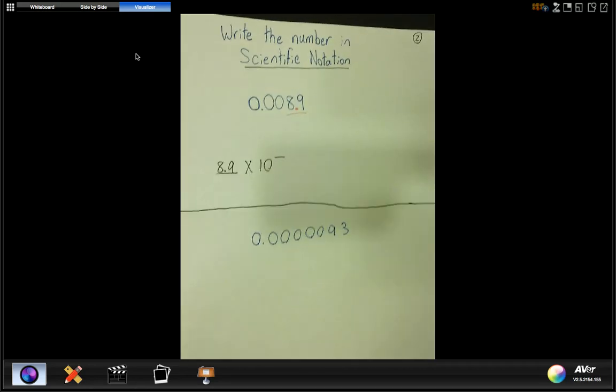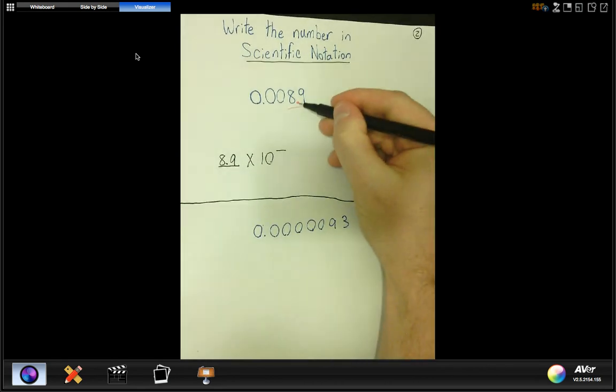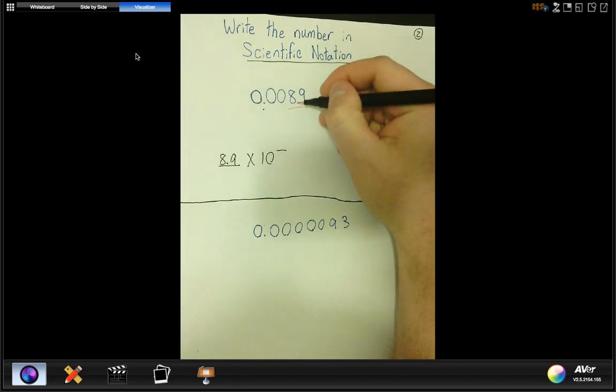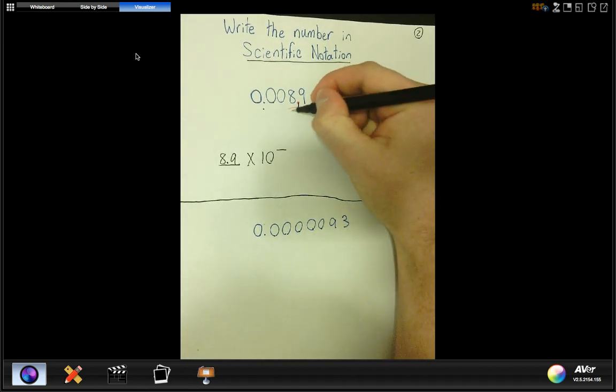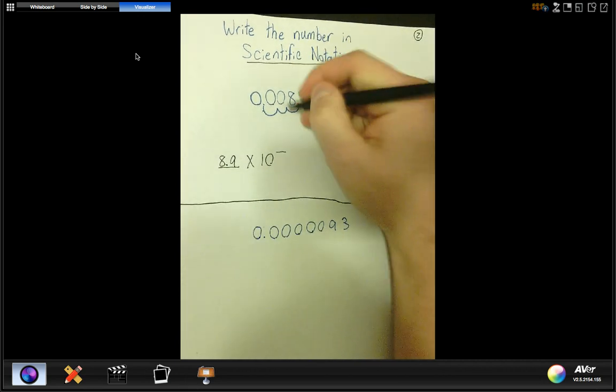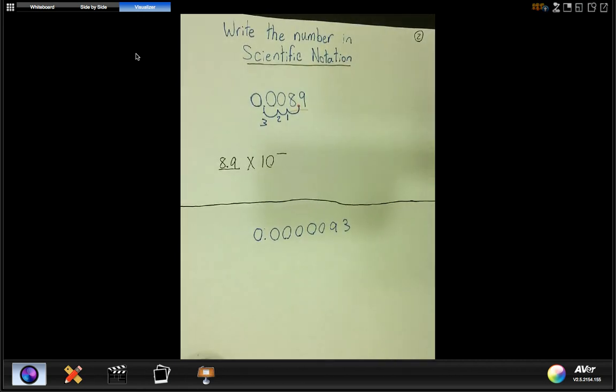Once again, I know I've got to do something with that decimal point to get it back to where it originally started, so that we know what the original number is. I'm going to move it. I got 1, 2, 3. 1 peak, 2 peaks, 3 peaks.